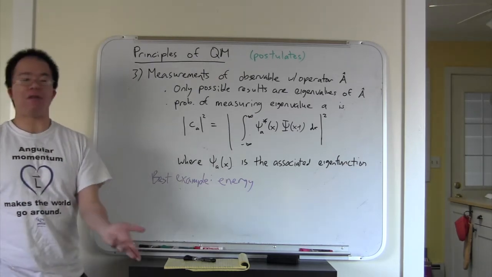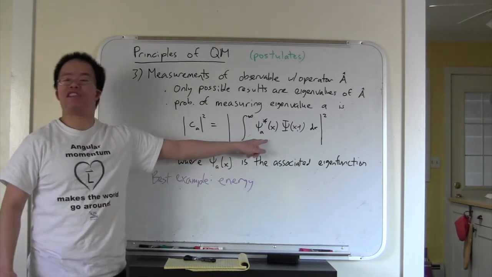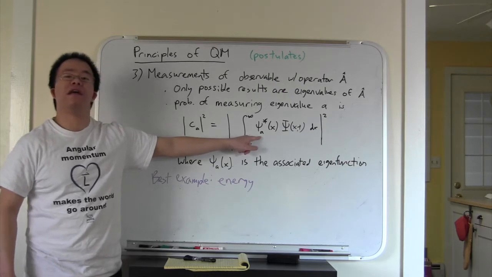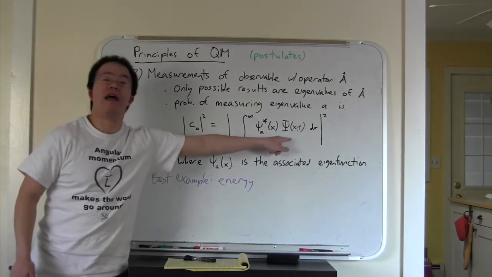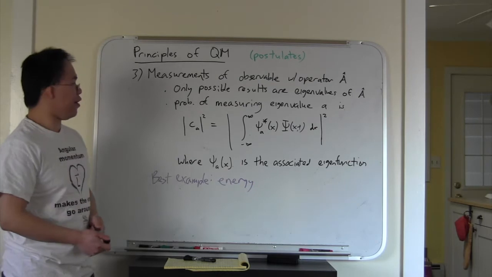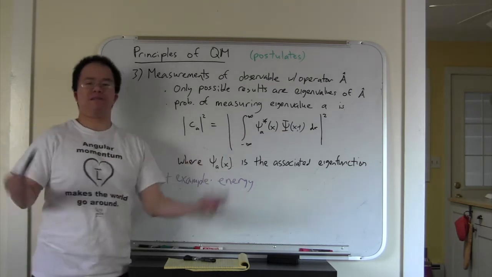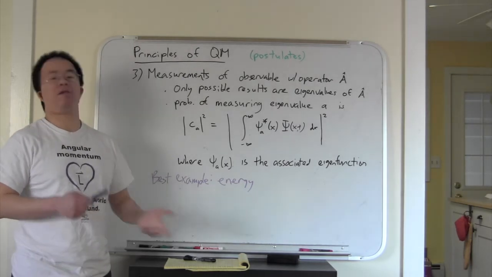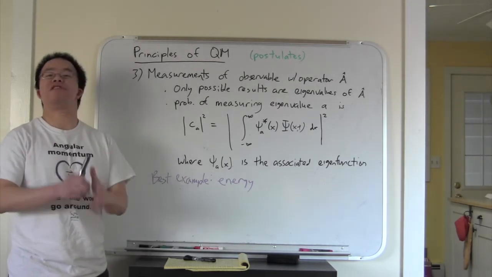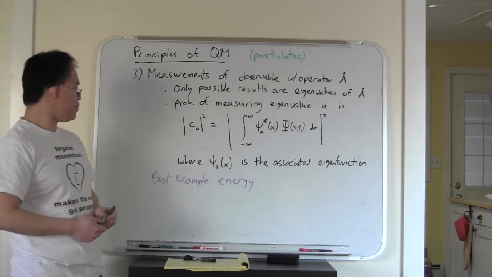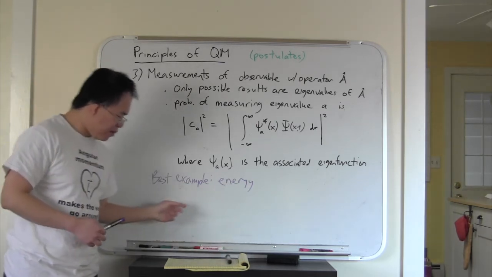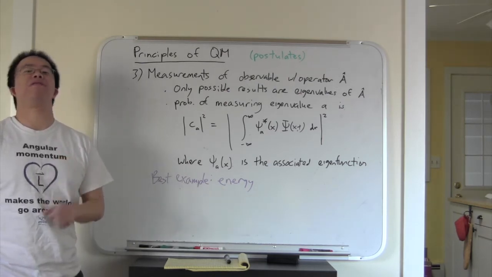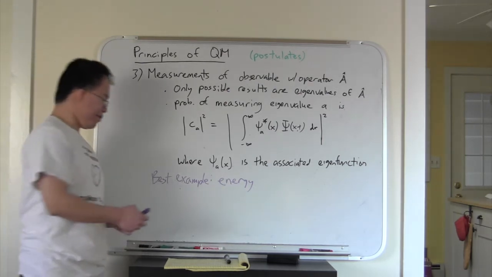As you did on the homework, you found that expansion coefficient by taking this inner product between the energy eigenfunction and the given wave function. I've written psi of x t here for generality, but the result still applies if we're only considering the spatial part of the wave function. So energy is the best example of this, but this also turns out to hold for all other operators in general.